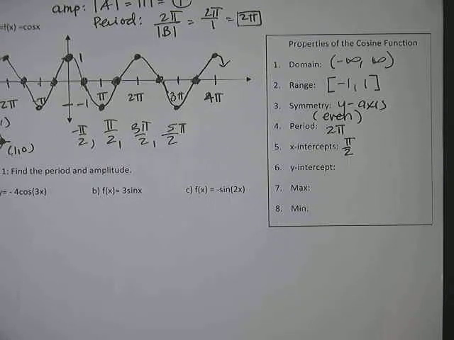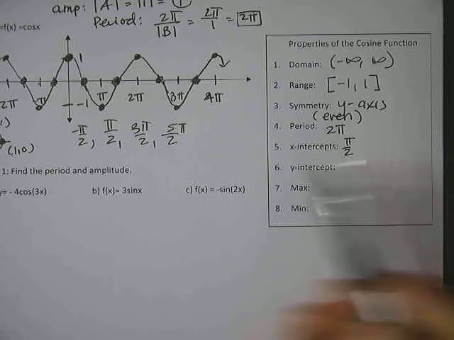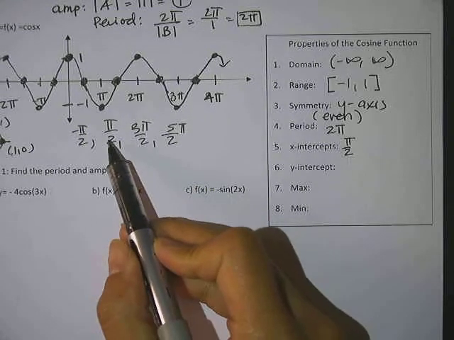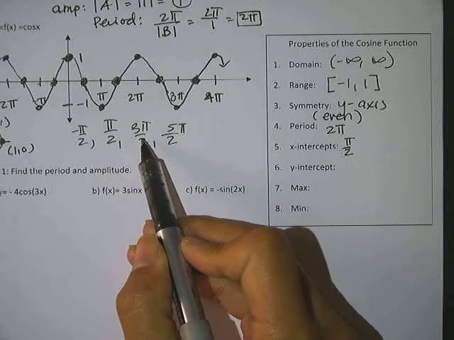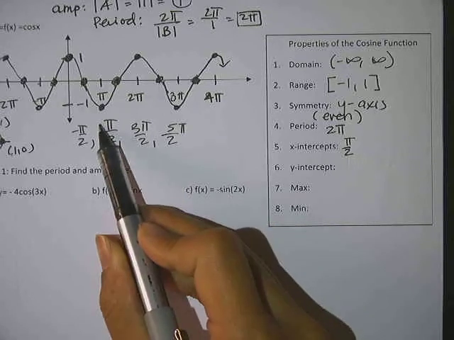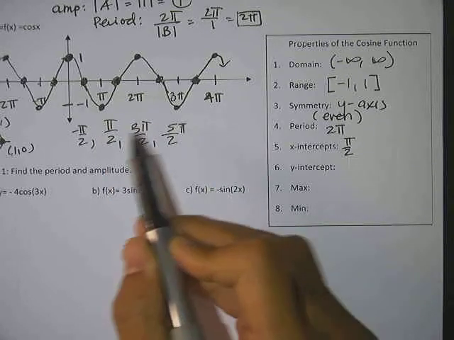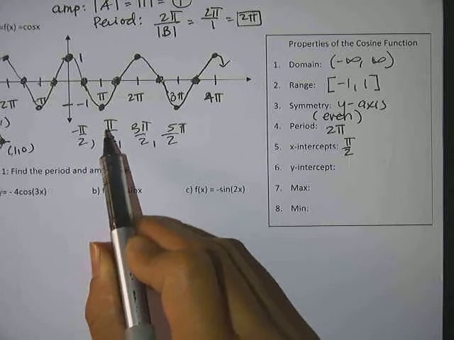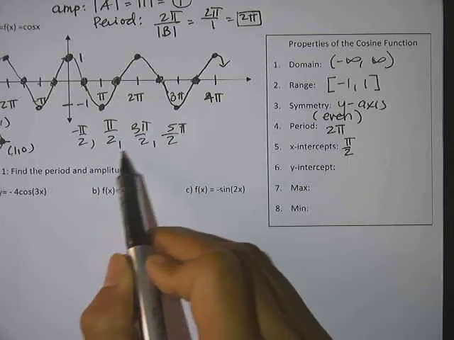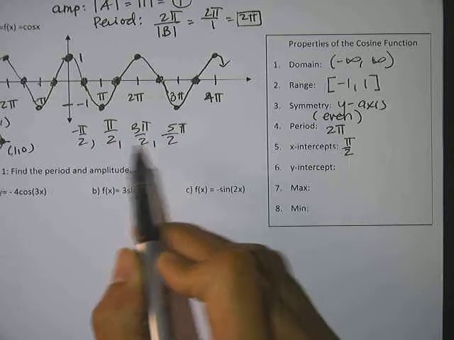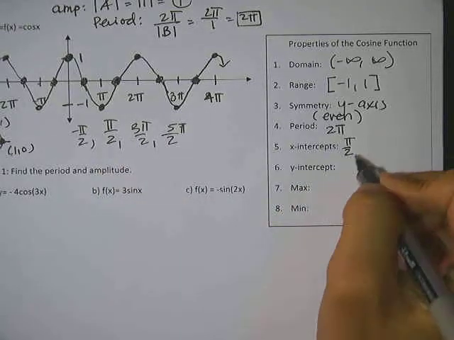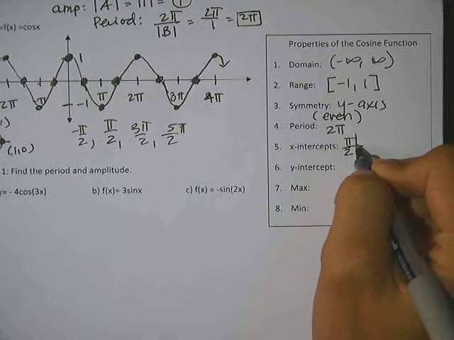Would you have to add, or would you have to multiply? Can I multiply to get to the next one? So this is 1, 3, and 5. So can I say that it is going to be pi k over 2 when k is an odd integer? Okay, so this is pi k over 2.